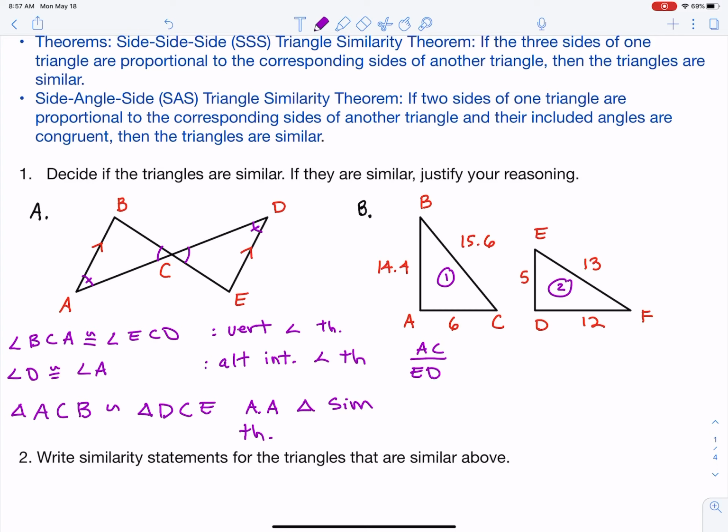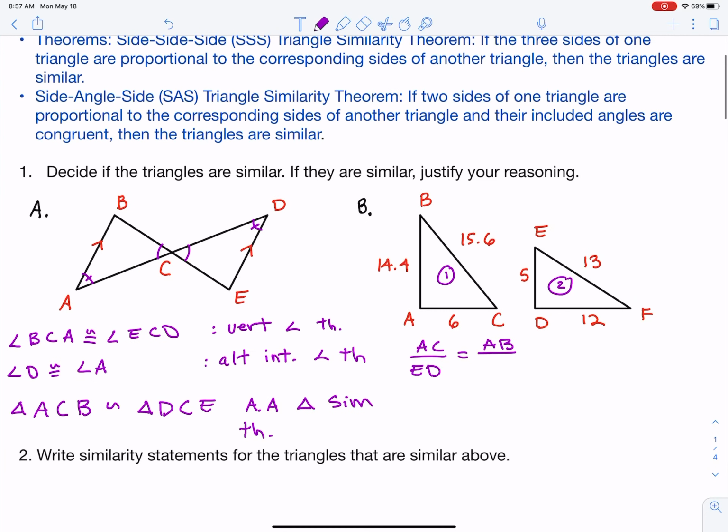So I said AC is to ED. Is that the same as, let's go to the middle size one, AB is to ED. And then finally, the large sides of those triangles, BC is to EF.